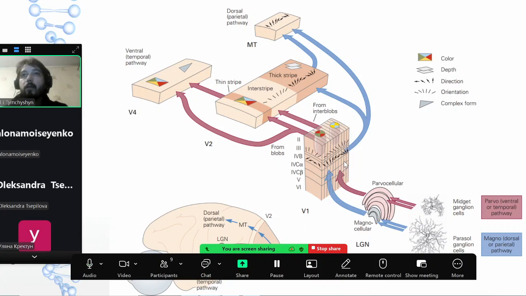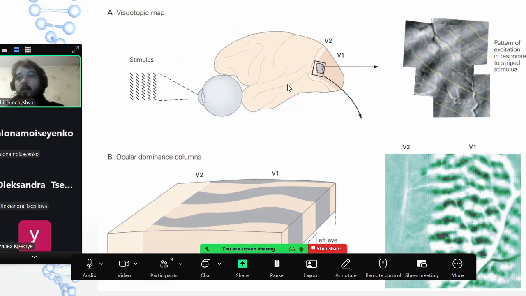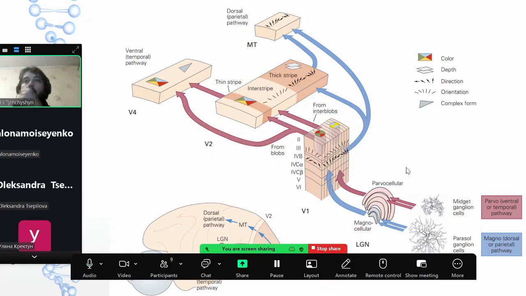So here they are, and you see that this information is then transferred to different parts of the brain, to V2, to V4, and so on and so forth. And depending on where, we are processing different aspects of that information. So here you see processing of the direction. Here you see the processing of the orientation.